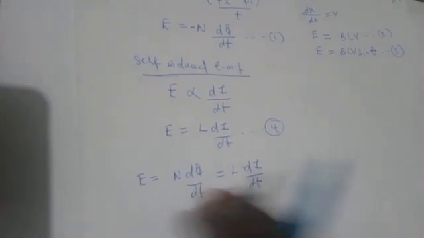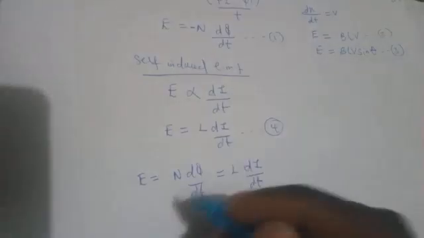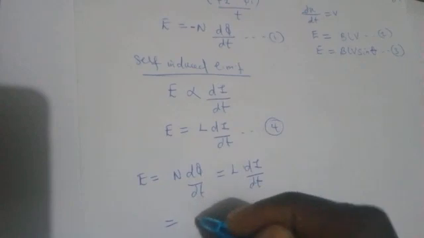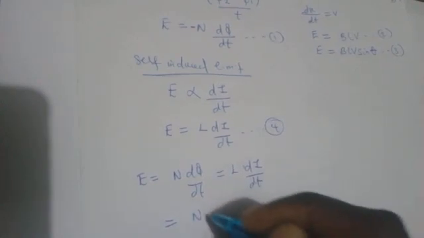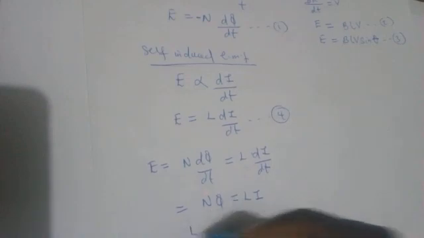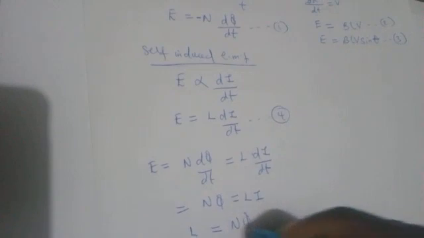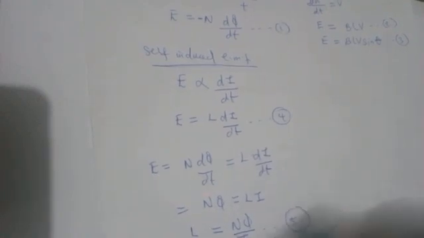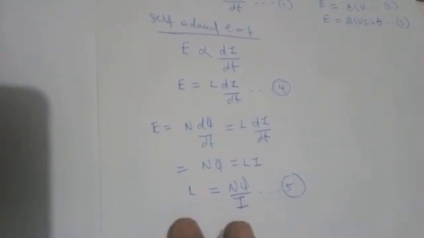Now, let me take an integrated value of it so that I will have N phi equal to Li. Now, my L here, by making L the subject of the formula, will be equal to what? N phi over what? I. Now, this is equation what? 5.